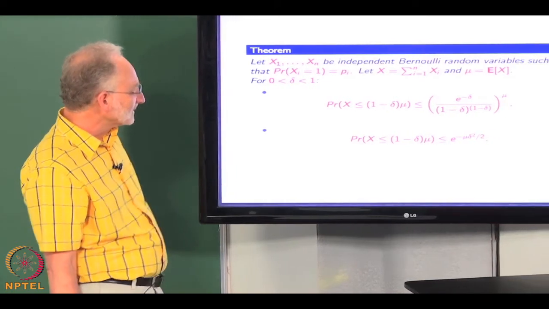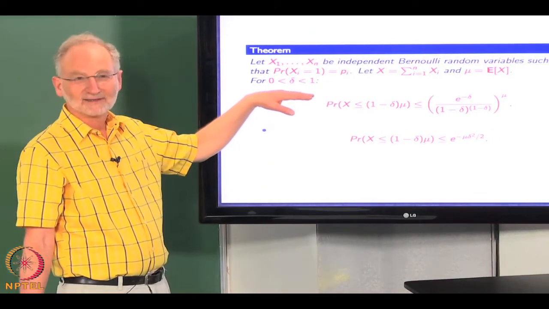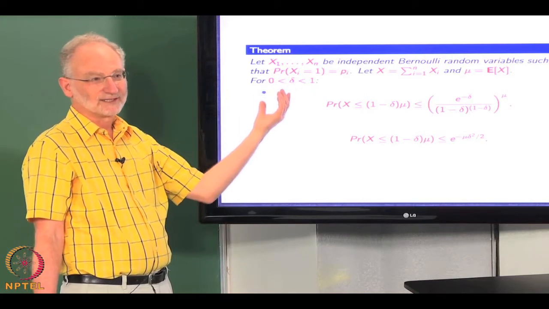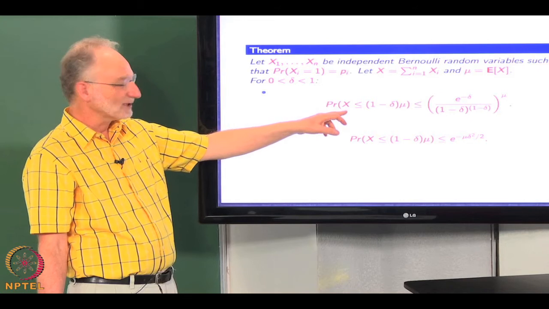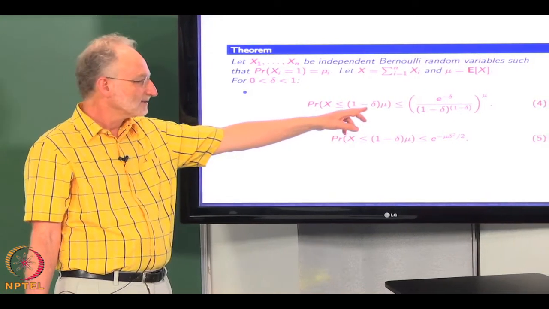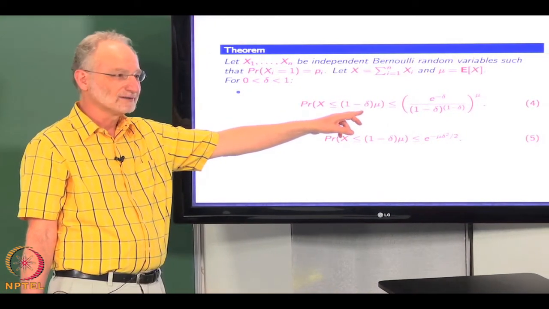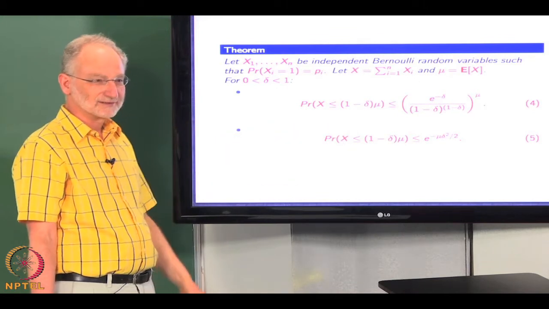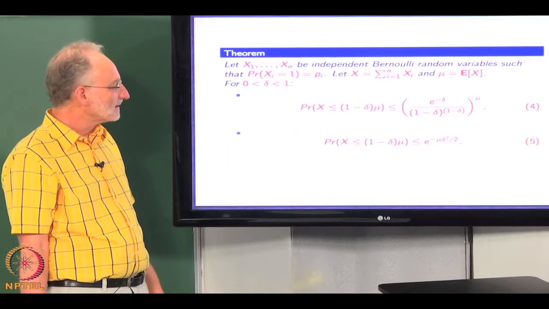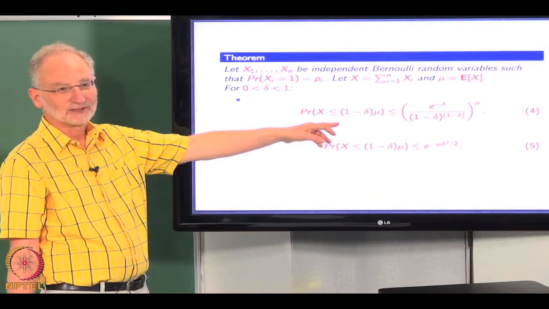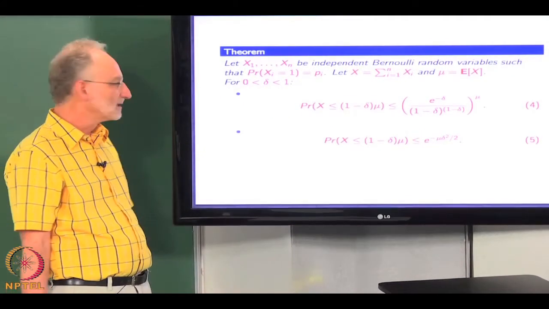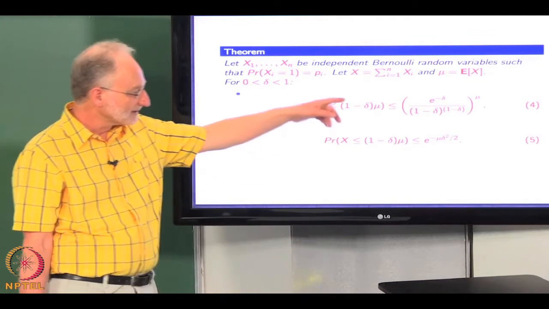Okay, we will not do it in detail, but a similar bound works in the other direction. Okay? So now you ask, what's the probability that your random variable is delta away below the expectation? Okay? So what's the probability that instead of getting the expectation, I got a value that is delta away below that? Okay, and you get basically the same bound.